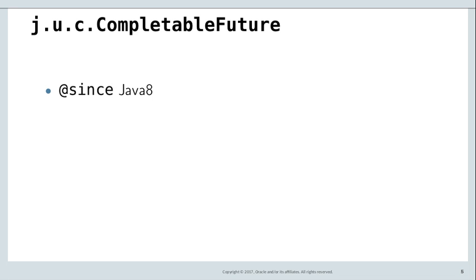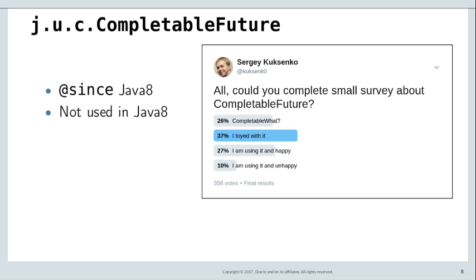It's a new class which was introduced in Java 8, and at that time it wasn't used anywhere inside Java 8. I did a small survey about CompletableFuture just to understand how many people start using it.